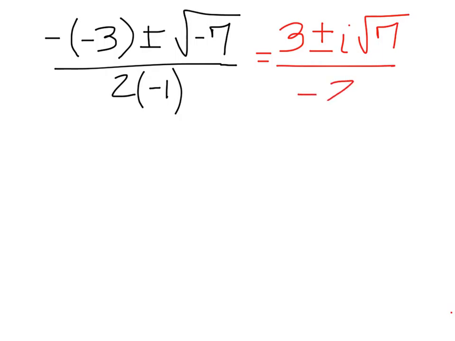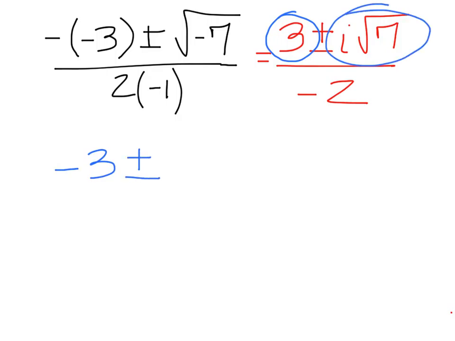And then over negative 2. What should I do now? Yeah, multiply everything by negative 1. If I multiply this by negative 1, I get a negative 3. What happens here with this one?